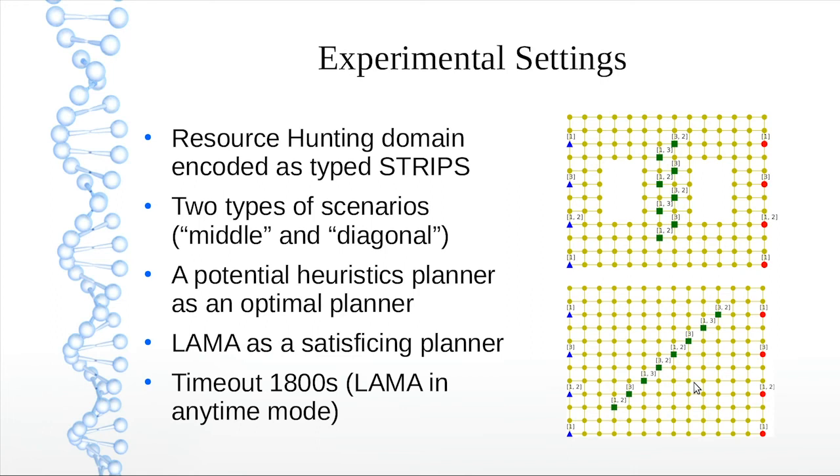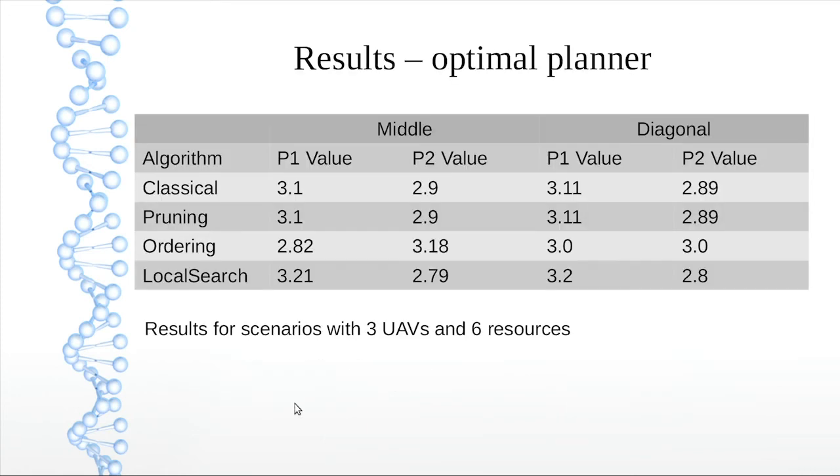We use an optimal planner, which uses potential heuristics, and a satisficing planner, the well-known LAMA planner. For each planning episode, each computational best response, the timeout is half an hour. For the optimal planner, the results are the optimal values for the classical approach, which is just the plain combination of planning and double oracle, and we can see that player 1 has a slight advantage, so that it can collect on average slightly more than player 2.